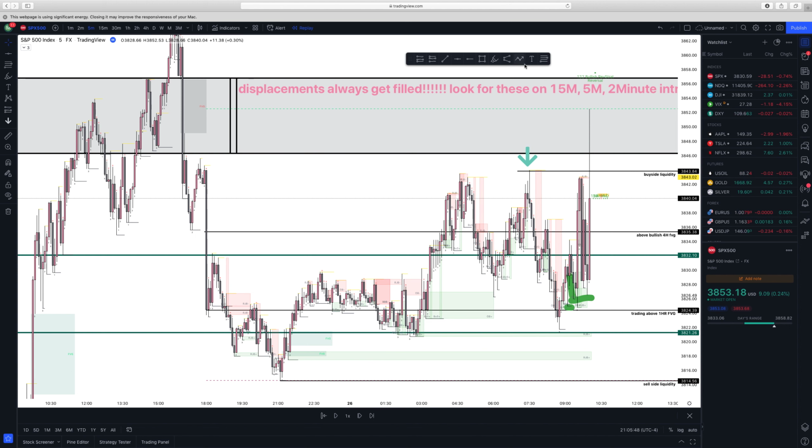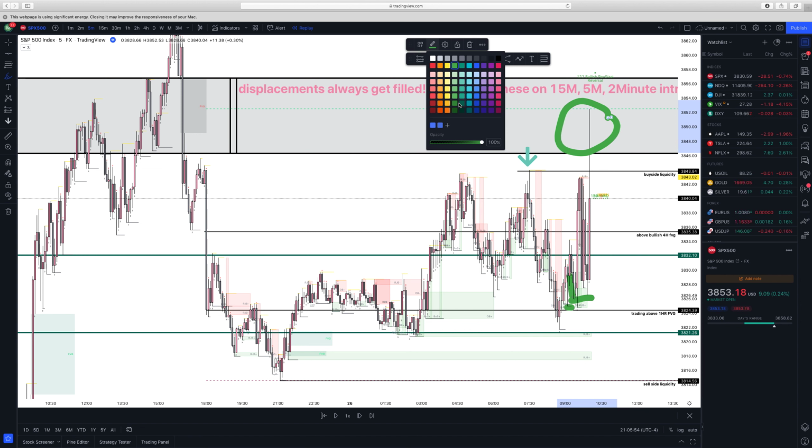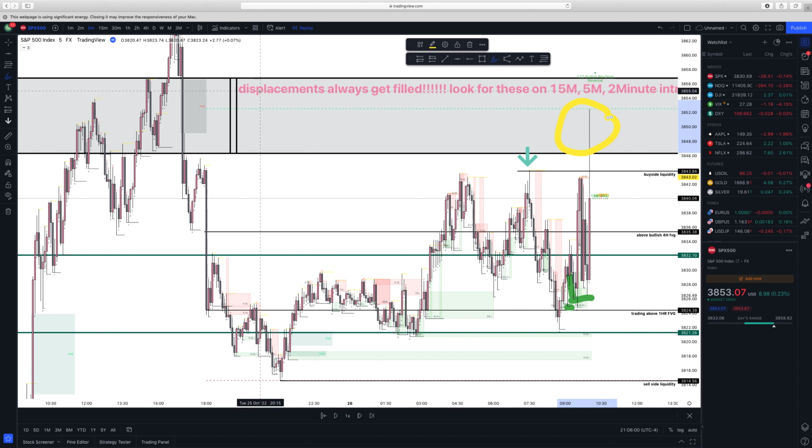So you guys do see here how the imbalance is being filled. You guys see the imbalance is getting filled from this displacement candlestick.